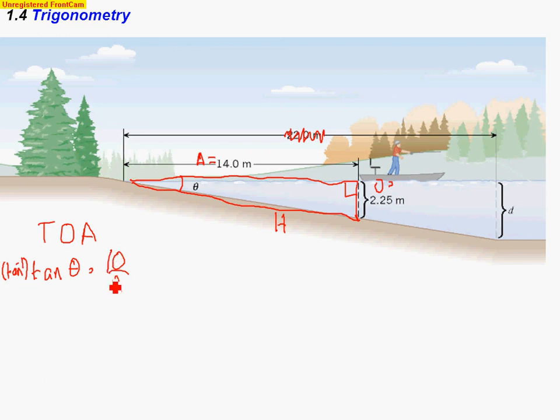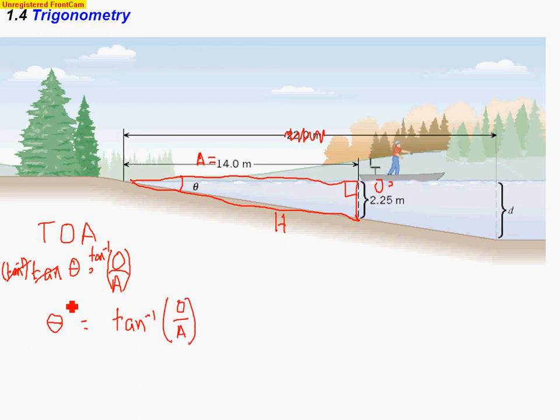And on most calculators, that's just the second function on the tangent button. Okay, so if we take inverse tangent of theta, that cancels those two out and leaves us just with theta. So theta equals the inverse tangent of the opposite side divided by adjacent side.